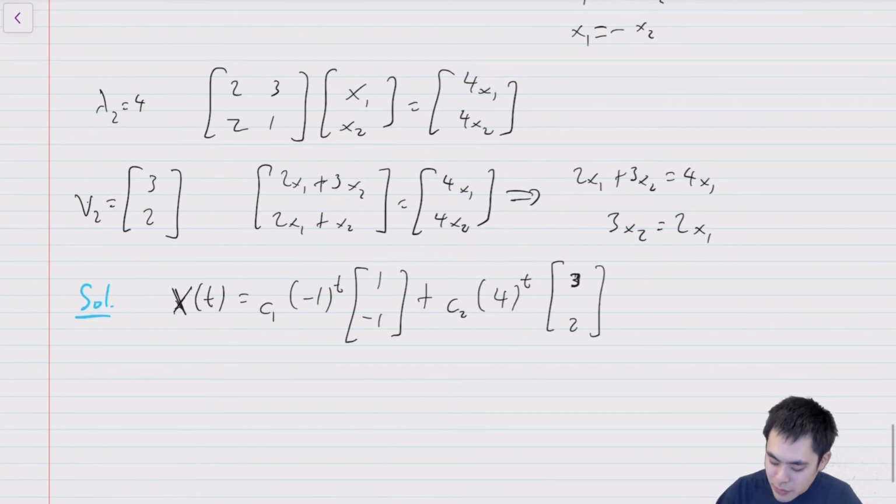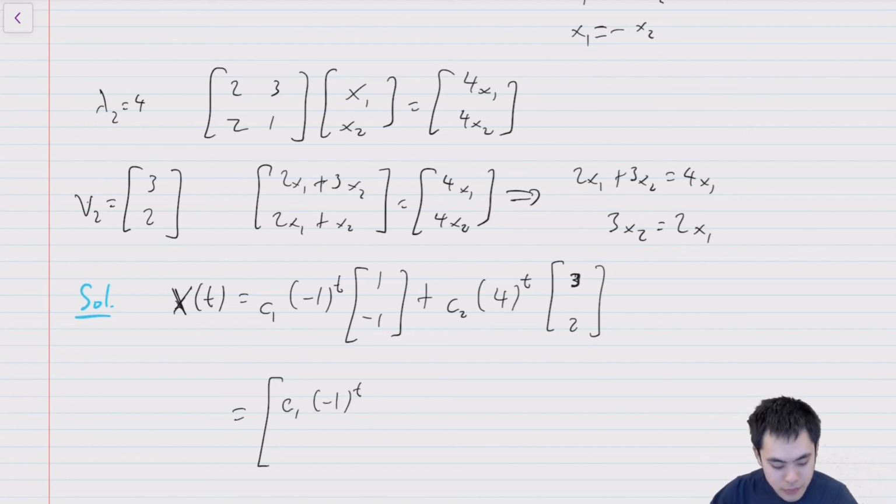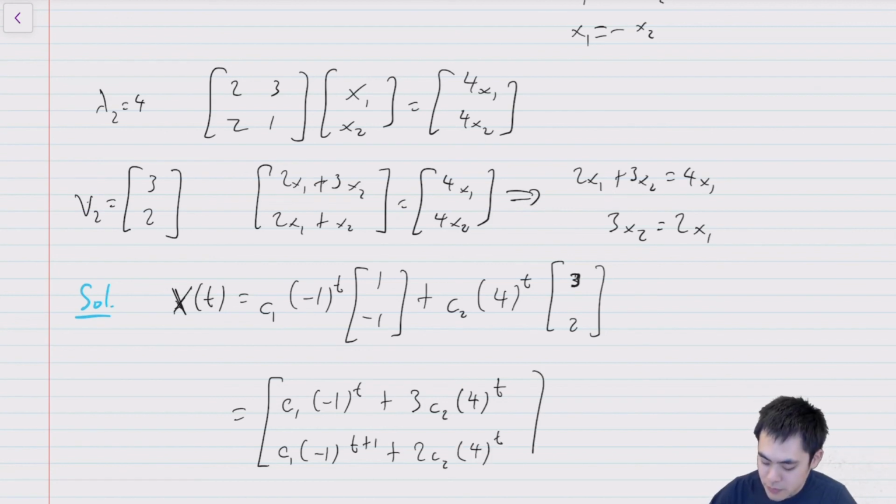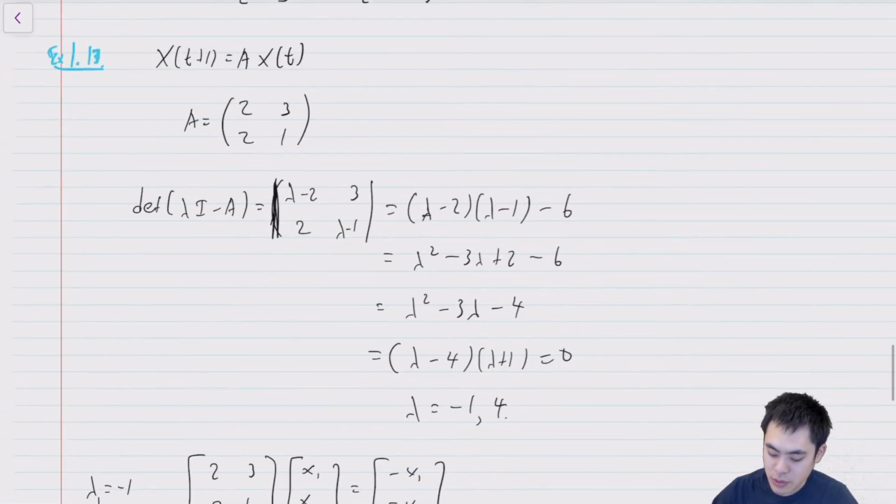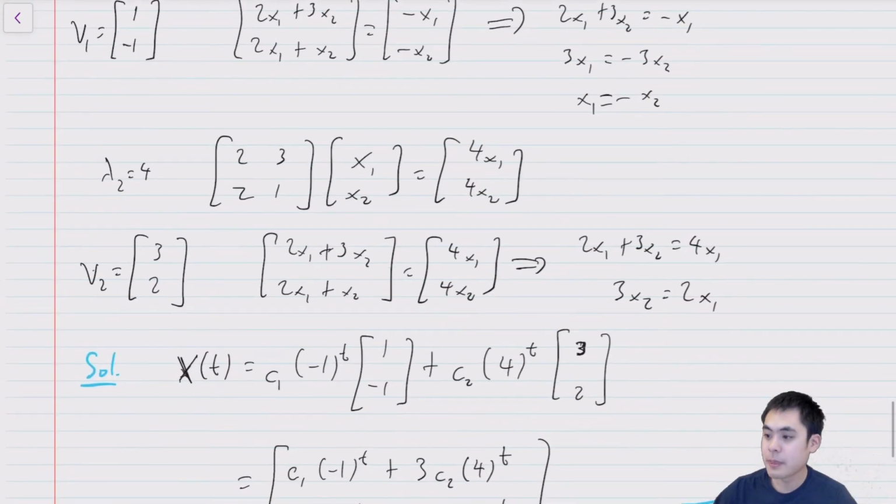If we want, we can write this out as a single vector instead of a sum. So we have c1 (minus 1)^t plus 3 c2 4^t, and c1 (minus 1)^(t plus 1), since we have an extra minus 1 there, plus 2 c2 4^t. And that is a general solution to example 1.13.